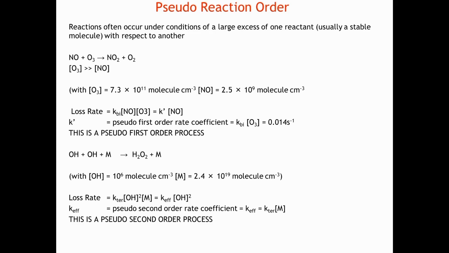It's if one of them is in very great excess, and it is not consumed as quickly, or it's not consumed at all. And so then you can turn it into a simpler pseudo rate coefficient. So it doesn't change the overall order of reaction, it just changes the way that we can calculate the rates. We just assume one of the concentrations is constant.